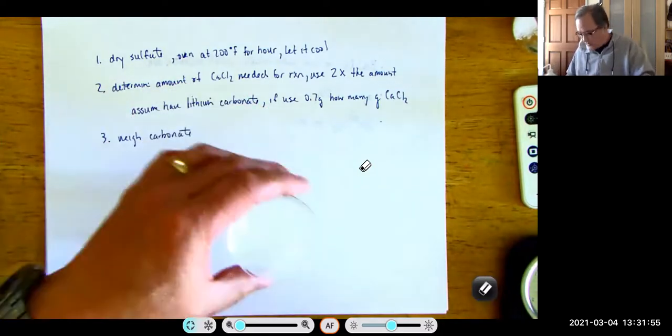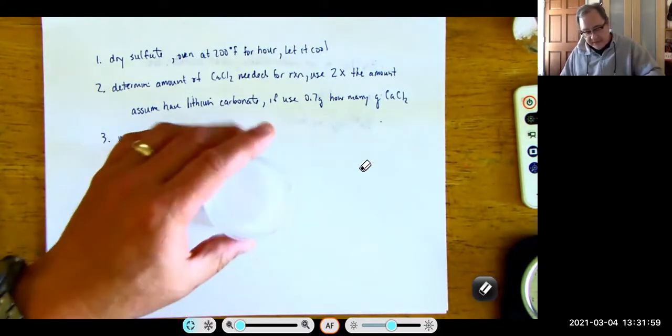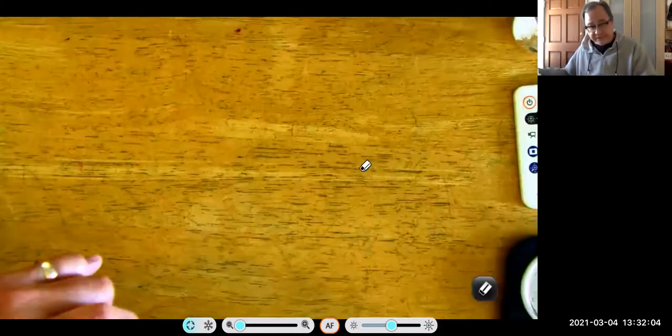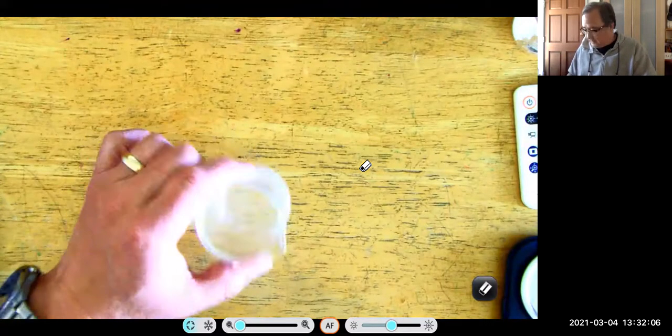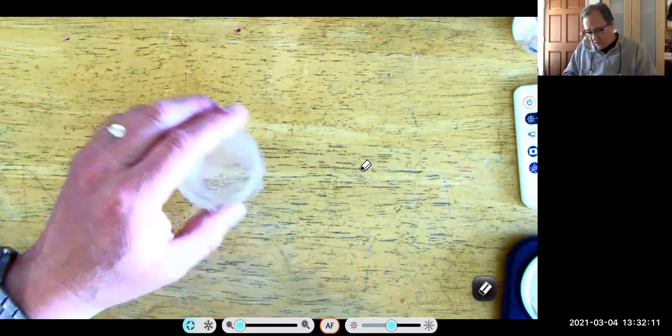I don't want to use a whole lot of water to dissolve this because it means I'm going to have to filter more later. I'm going to put my paper over here so you can see this stuff is dissolving. And I'm going to add a little more water, and hopefully all of it will dissolve.